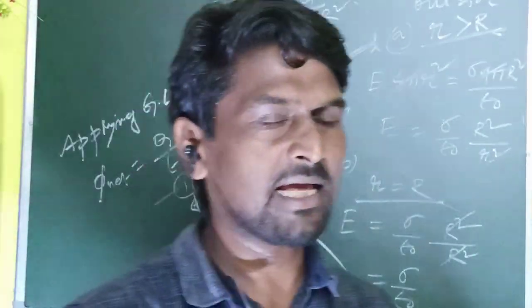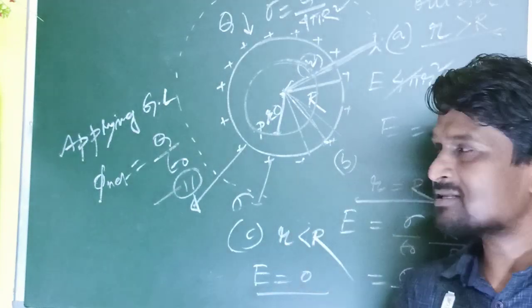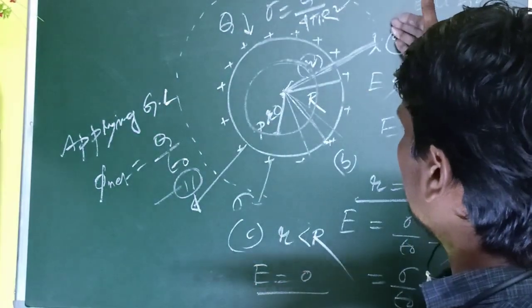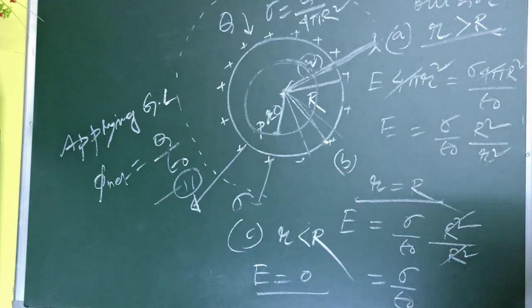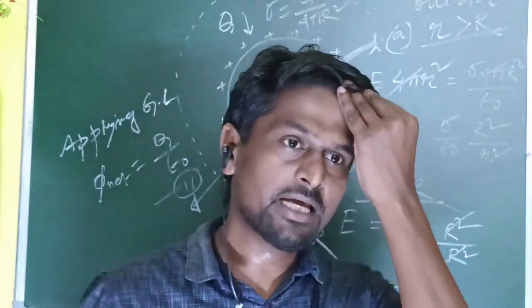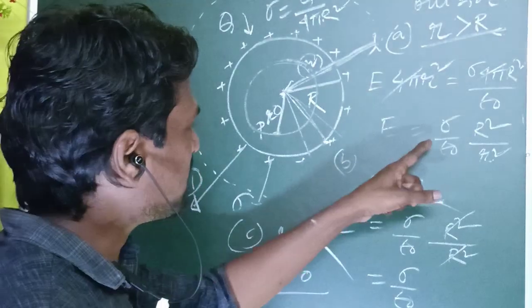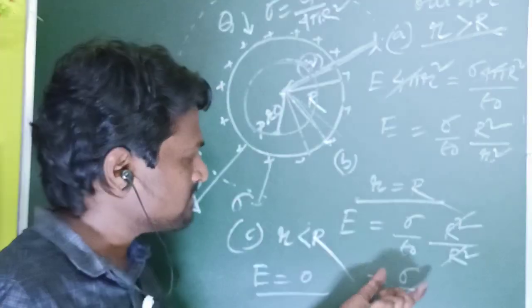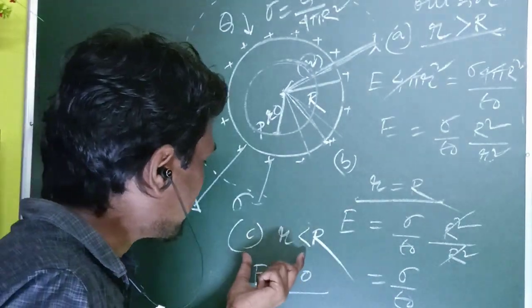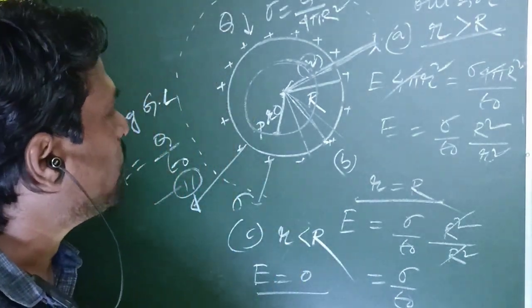So if we calculate the electric field due to a spherical cell outside the cell, this is the expression: electric field is equal to sigma by epsilon naught times R squared by r squared. If it is on the surface, then electric field equals sigma by epsilon naught, and inside the cell it is 0.